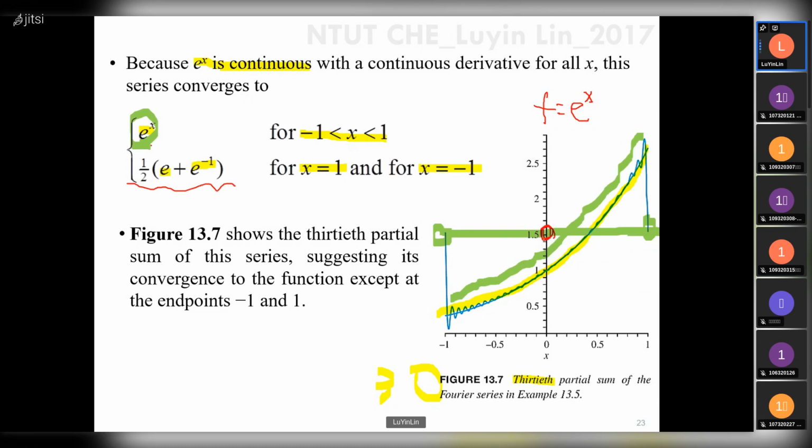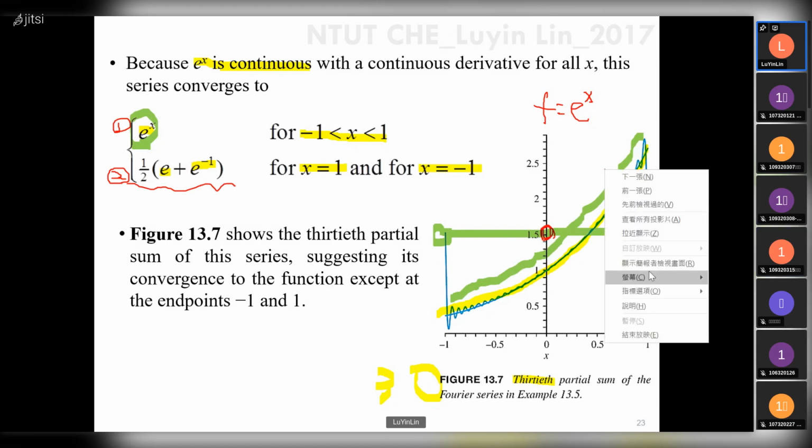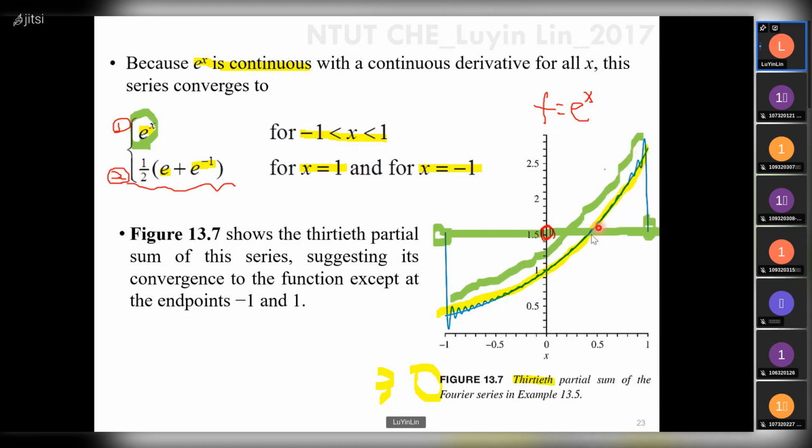So again, you divide the convergence into two ranges. The first range is the one with no equal sign, this part. In this range, the series will converge to exponential x, which is f of x.